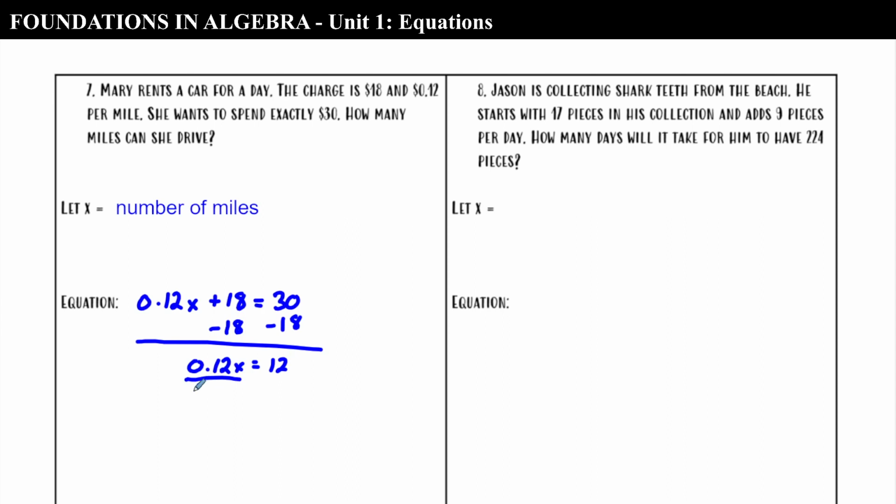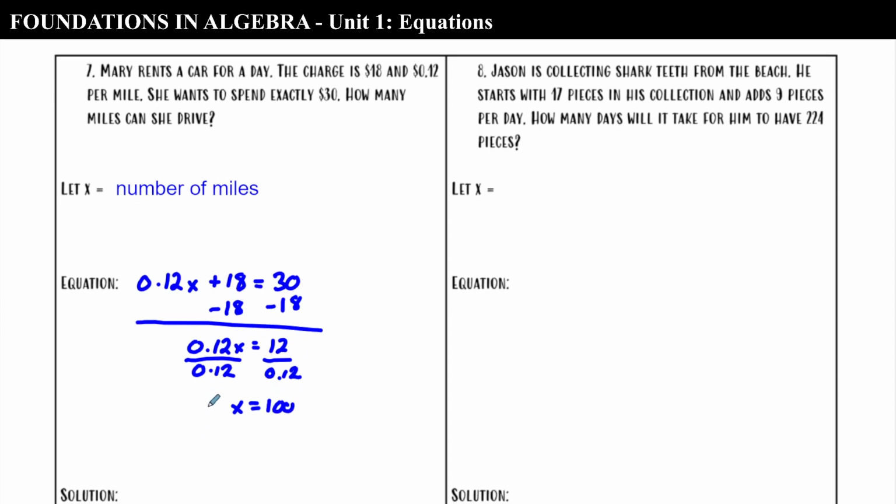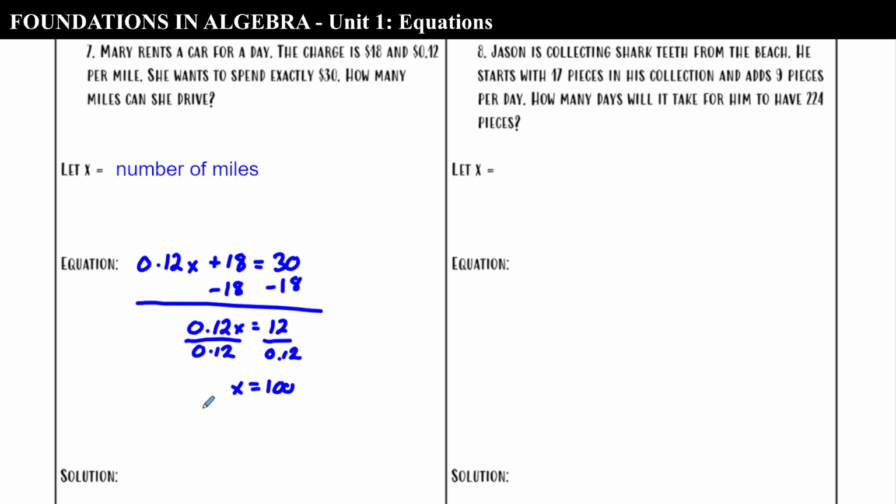And then we're going to divide each side by 0.12. Put that into your calculator, and you're going to find x equals 100. So our solution to this, because remember we need a word solution, Mary can go 100 miles.